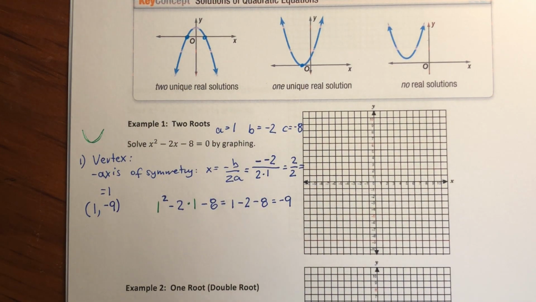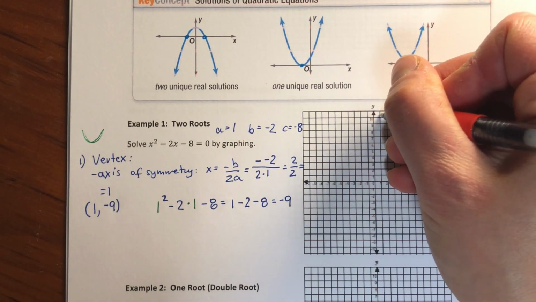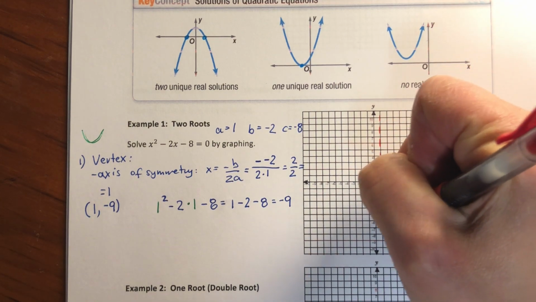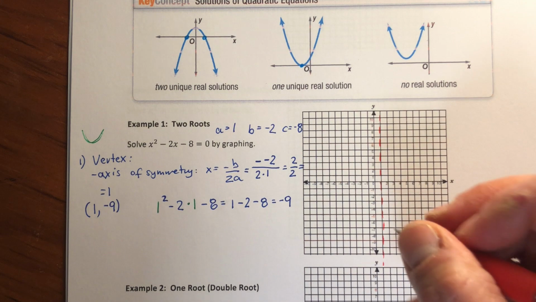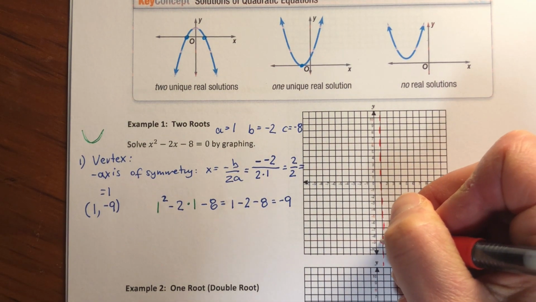I would very strongly suggest to do something that I haven't done yet. We found that the axis of symmetry was at 1. You should put it right on the graph. And then we did get that the y-coordinate of this vertex was negative 9. So now we can say, okay, it's at 1 and negative 9, right in here.